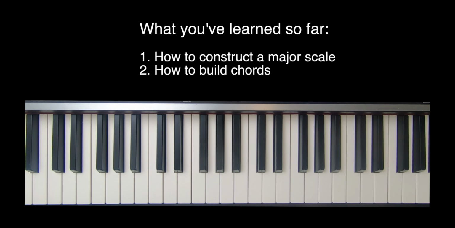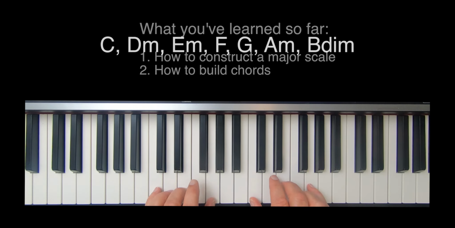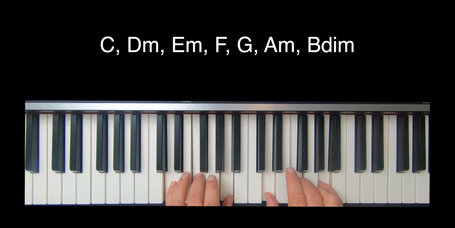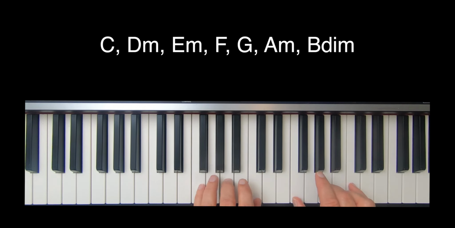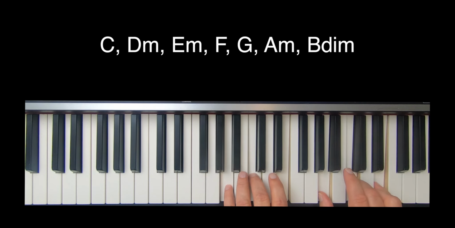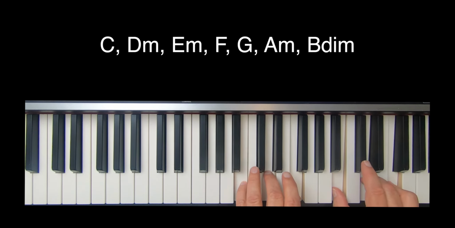So you've learned how to construct a scale on any one of the 12 keys by using the proper series of half steps and whole steps, and then you've also learned how to build a chord on every note of the major scale. So for example, in the key of C, you were able to build C major, D minor, E minor, F major, G major, A minor, and B diminished.